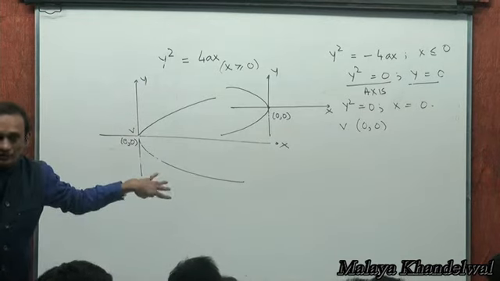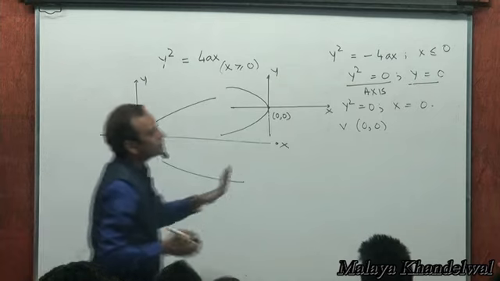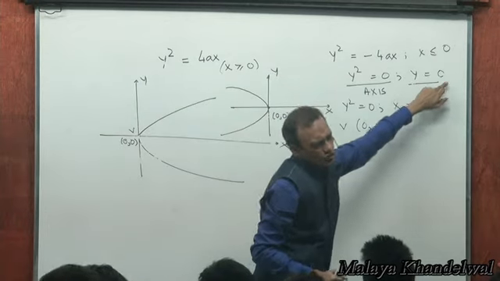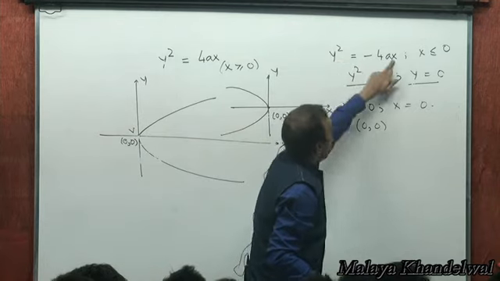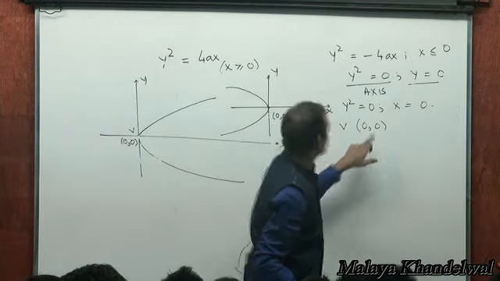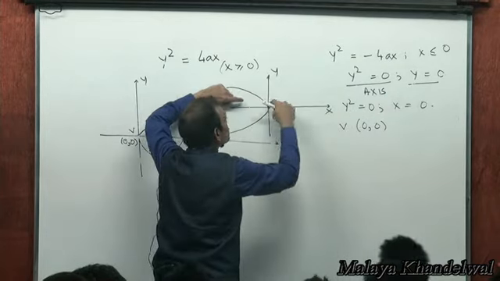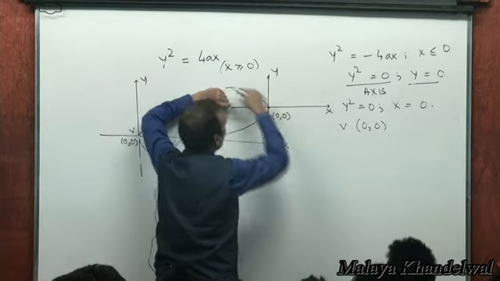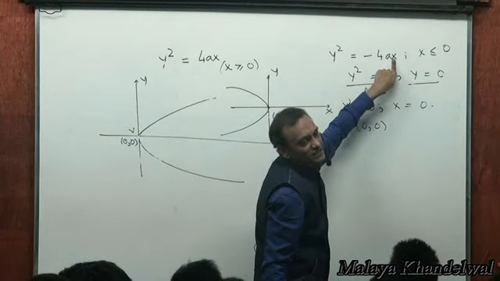Clear? So do you realize what the minus sign does here? No? Put the square term equal to 0, you get the axis of the parabola, right? Put both equal to 0, you get the vertex of the parabola 0 0. Now if this is the axis of symmetry, the parabola could open this way or this way, but in this case x would have to be less than or equal to 0.